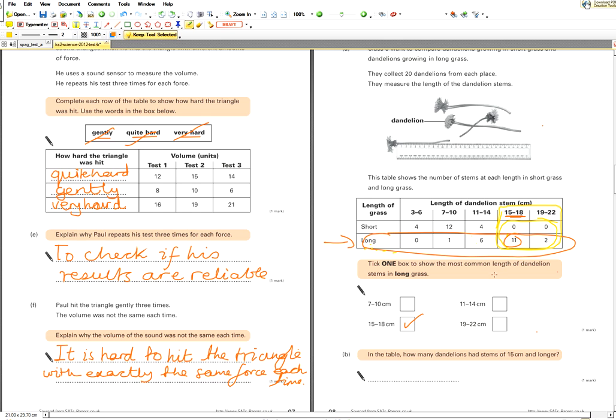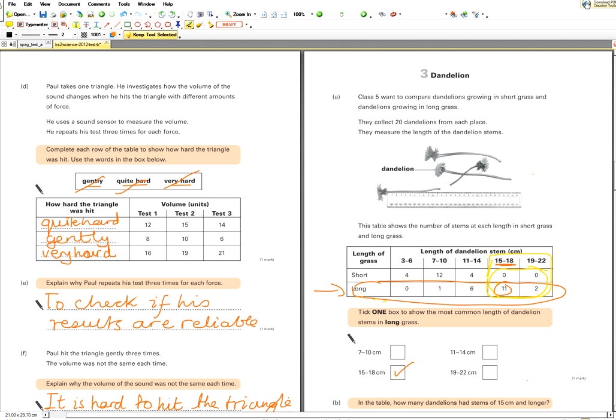If we add up those 4 values, what do we get? 13. Well done. Excellent. So we have 13 dandelions which are 15 centimeters or more. 0 add 0 is 0, add 2 is 2, 2 add 11 is 13. Done. Are we happy with that question? Yes? Okay, right.